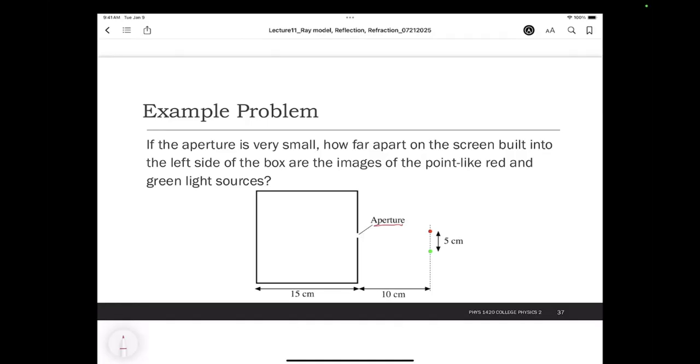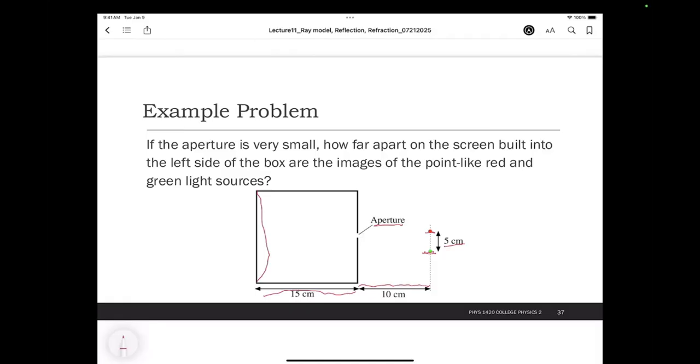Here are two sources, this is a red one and this is a green one, and the distance between the red one and the green one is 5 centimeters. Here is the distance from the light source to the aperture, and this is the distance from the aperture to the wall, or screen.